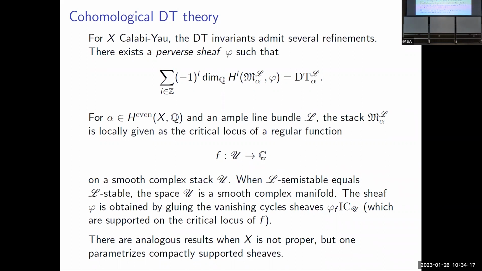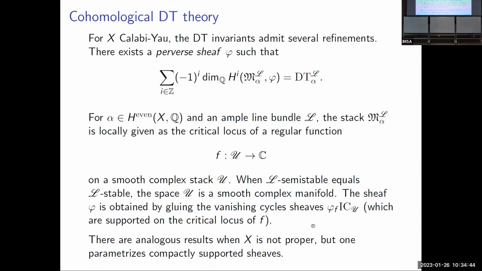On the critical locus of a regular function, you have some natural perverse sheaves: besides the IC sheaf, you also have the vanishing cycle sheaf. This is the relevant sheaf in Donaldson-Thomas theory. So in this local case, for the critical locus of f, the relevant sheaf is the vanishing cycle sheaf.